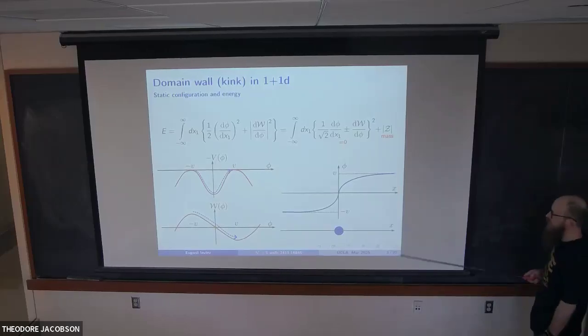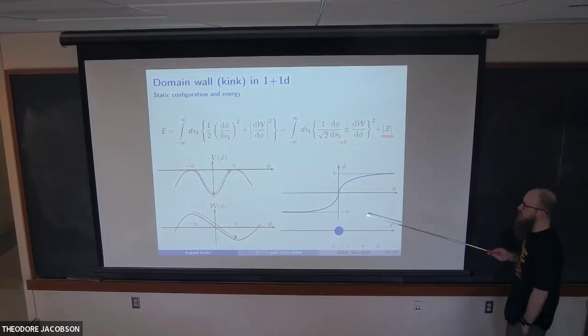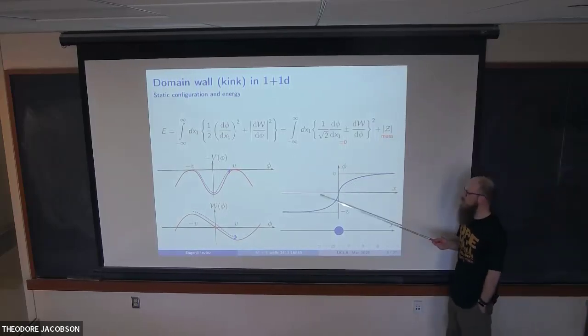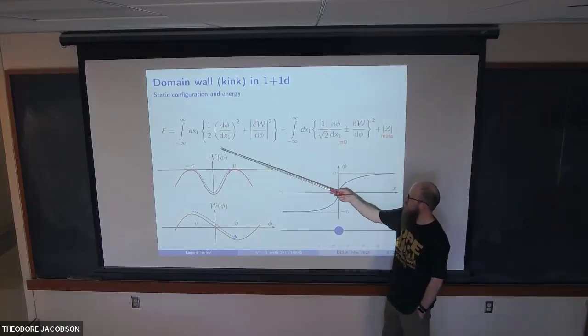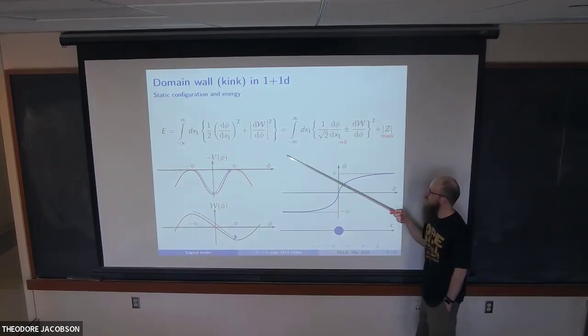Okay, so now let's consider a kink that interpolates from one minimum to another minimum. We consider some static configuration that doesn't depend on time, only on the space coordinate, which is called x1, and we write down the energy functional.